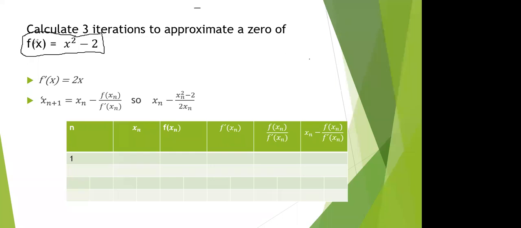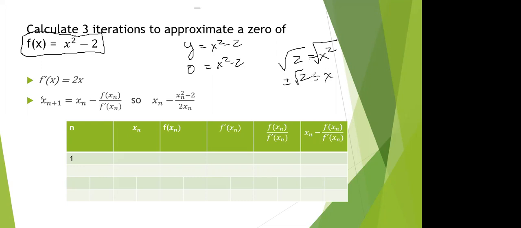Remember, this is just the same function. I already said a zero is when y equals 0. Take the 2 to the other side, square root both sides. x equals plus or minus the square root of 2. So there are two zeros in this problem, plus and minus the square root of 2.